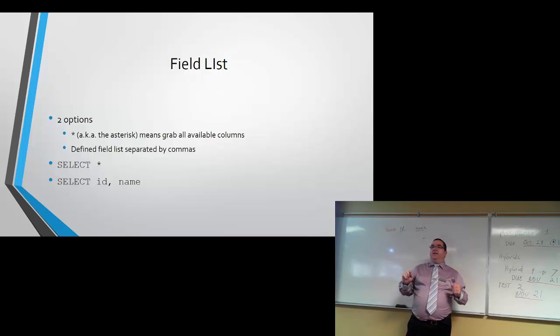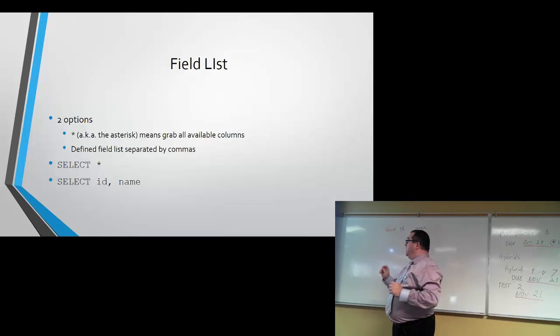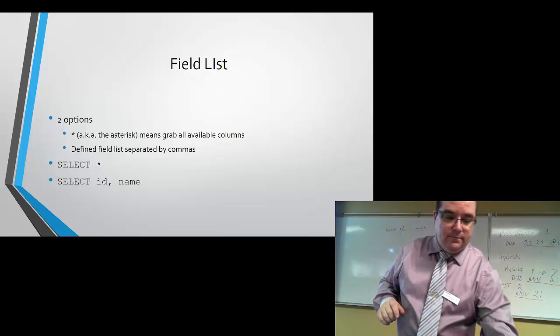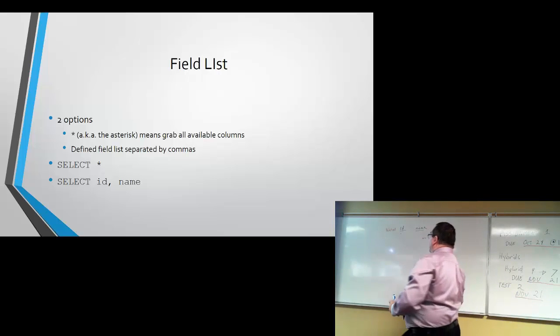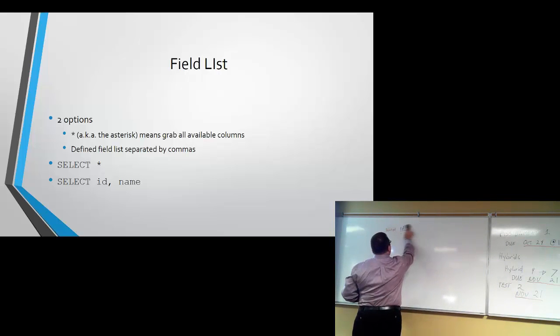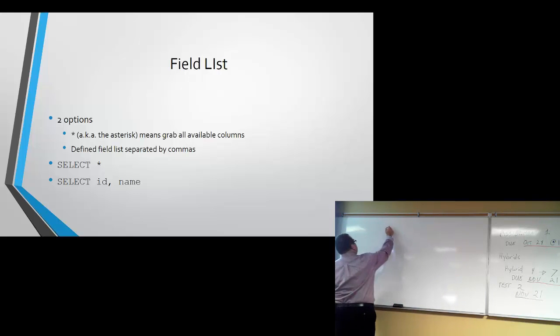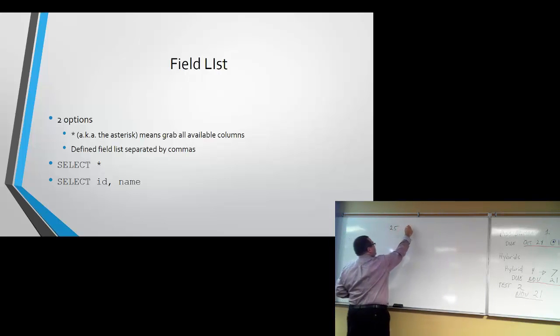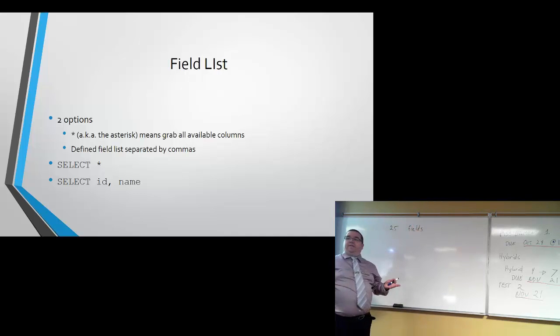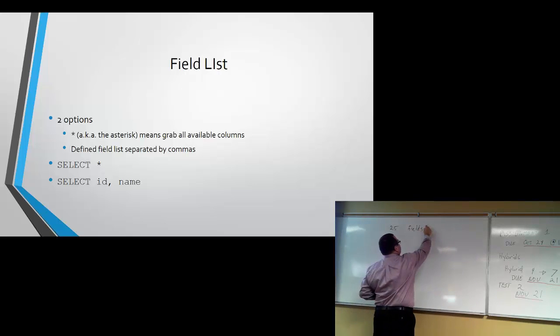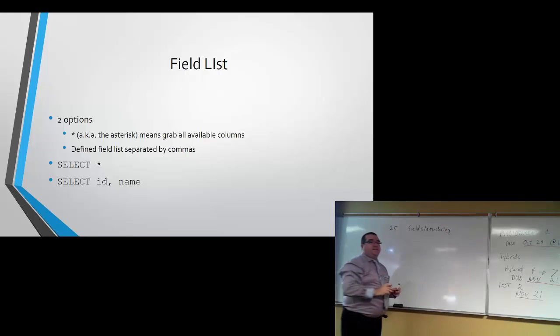Now this is where I highlight the importance of selecting just the bits and pieces that you need. So let's just say we have a table with 25 fields. There's 25 fields, also known as attributes.